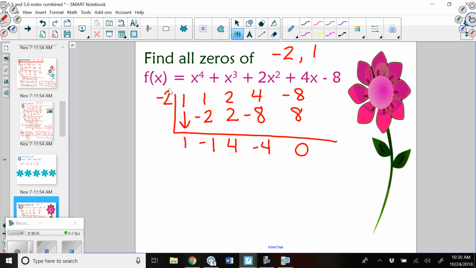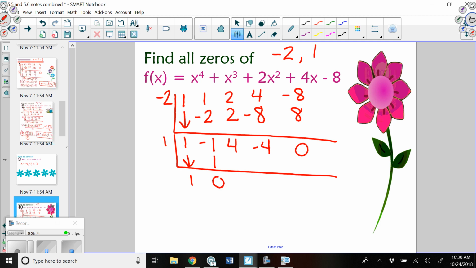All right, so I started x to the fourth. I did synthetic once. I'm sitting at, what am I sitting at right now? X cubed. All right, so I do have another answer though. Let's go again using the 1. Multiply, add.